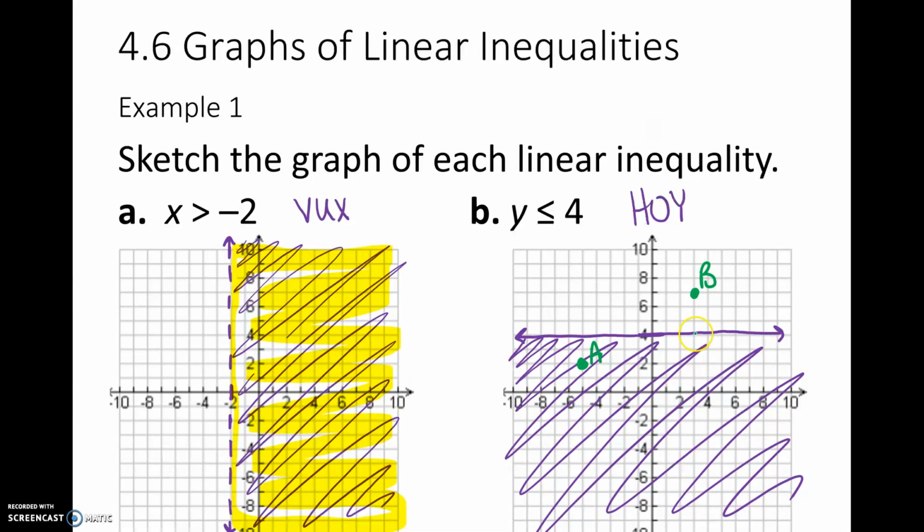No. Is C a solution to the inequality? Yes, because it's on the solid line. On the previous inequality, if I put a dot here and call that point D, is D a solution to that first inequality? Why not? It's on a dashed line, and the dashed line does not include the solutions. It's just the boundary line for the solution set.